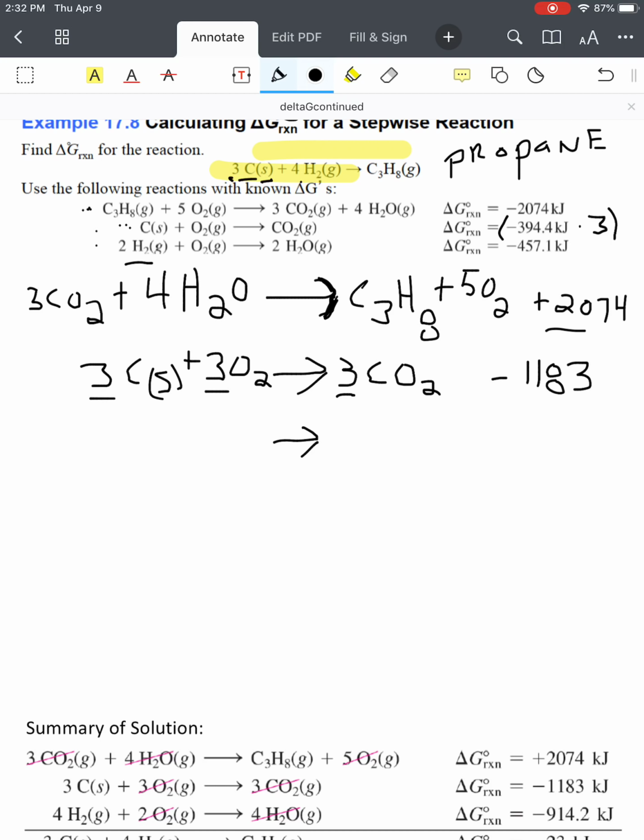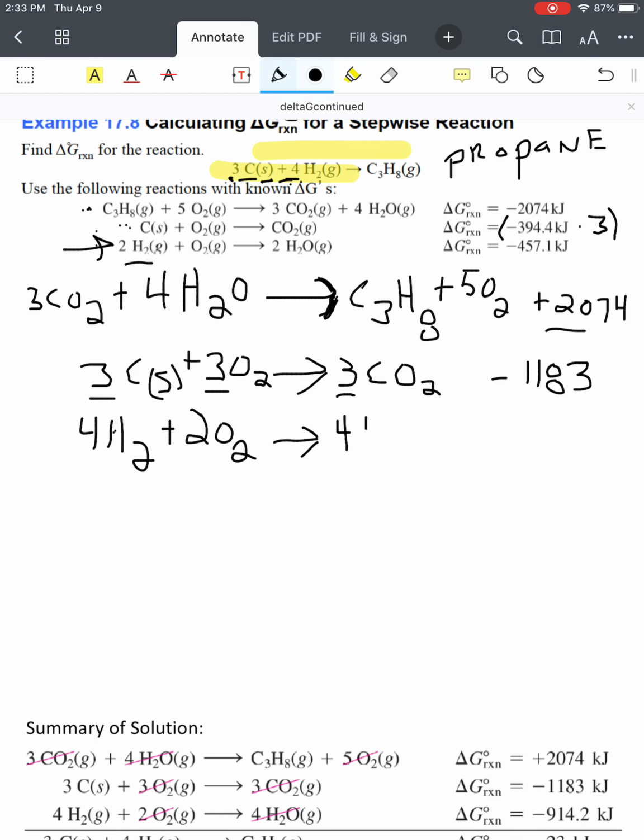Now what about my last reaction? We already noted that the hydrogen H2 is on the correct side. But it looks like in my desired reaction, I want 4 copies, but in reaction 3, I've only got 2. So it seems like I need to multiply that reaction by a common integer, 2. And if I do so, I'll get 4H2, multiplying by 2, and I'll get 2 copies of O2.